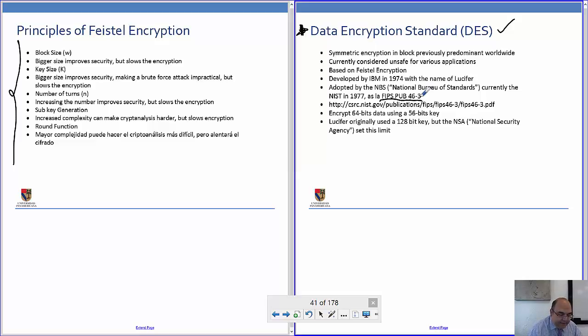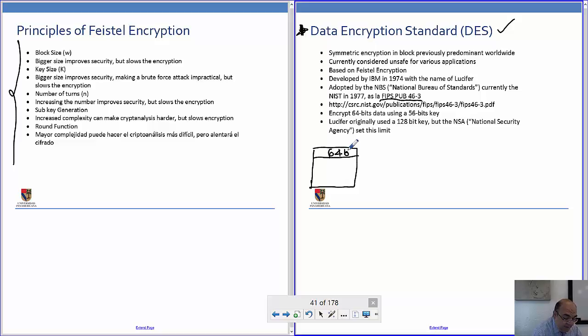As you remember, last class I told you that DES encrypts blocks of 64 bits. This is the message that you would like to send and encrypt, and you will take blocks of 64 bits.